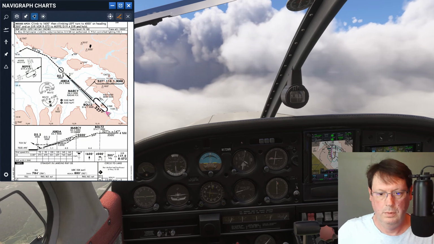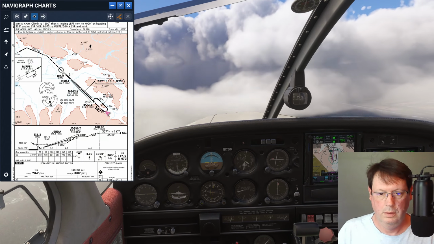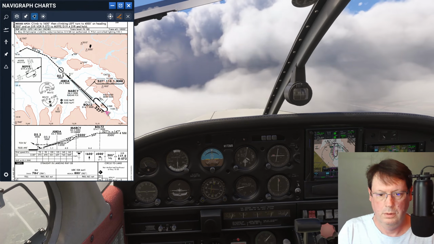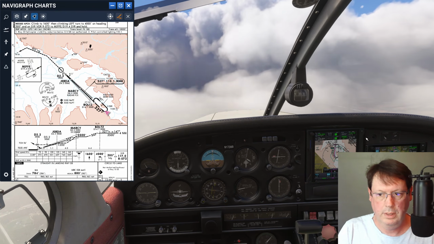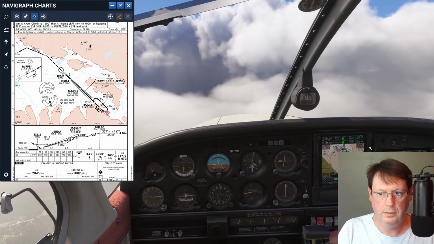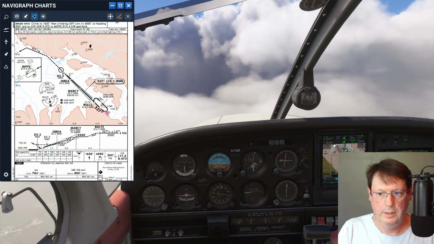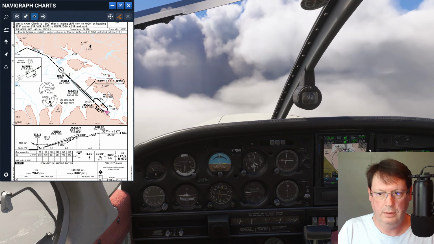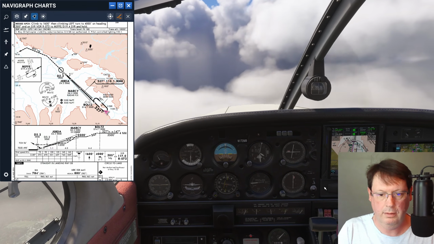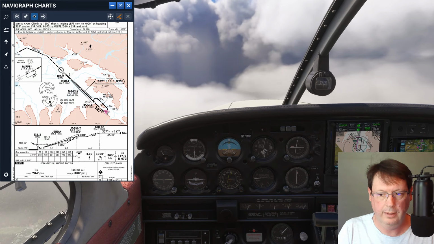So now what I'm gonna do, see how this was always my trick in instrument flying and instrument training, was that desired track 327. So the needle is off to the left-hand side, which means I'm to the right of course, right?